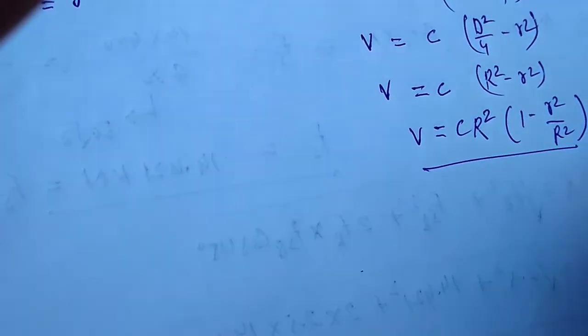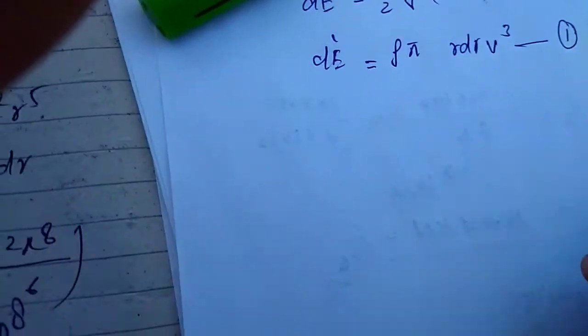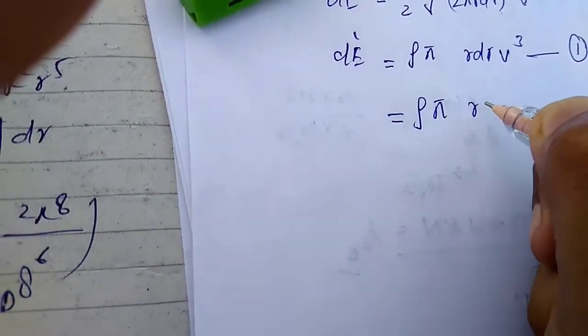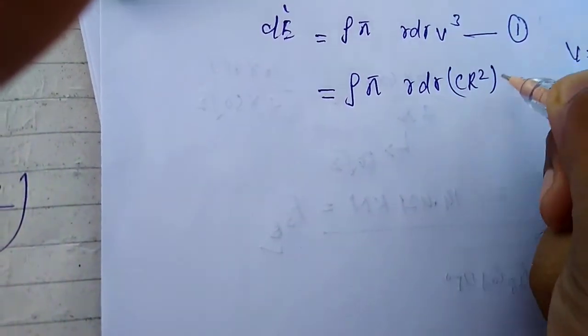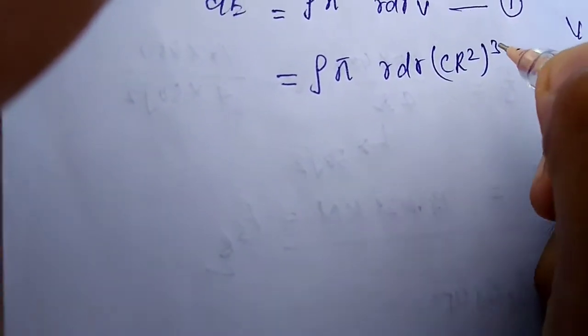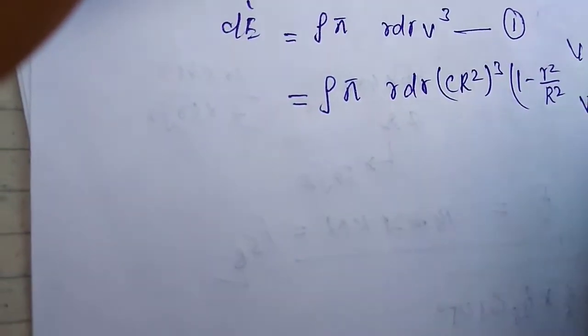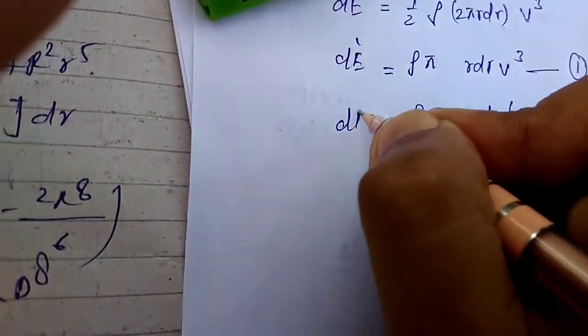Putting the value of v in equation first, rho pi r dr, and v cube will be equal to (c R²) cube into (1 minus r²/R²) cube.